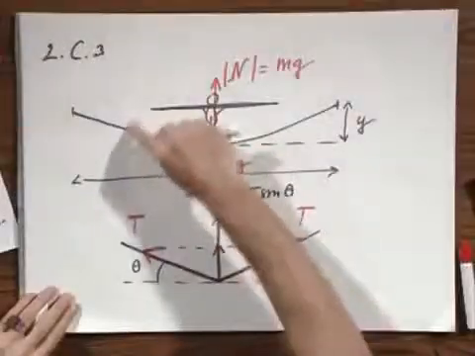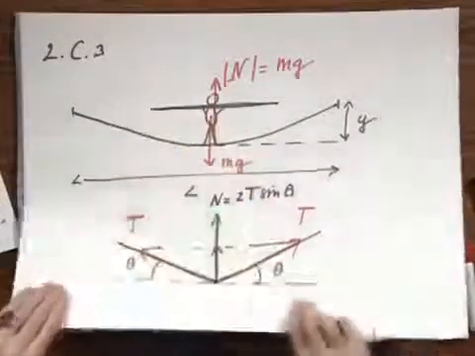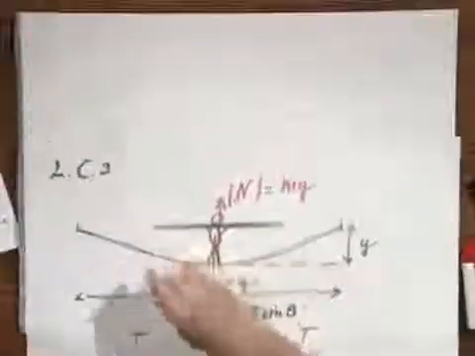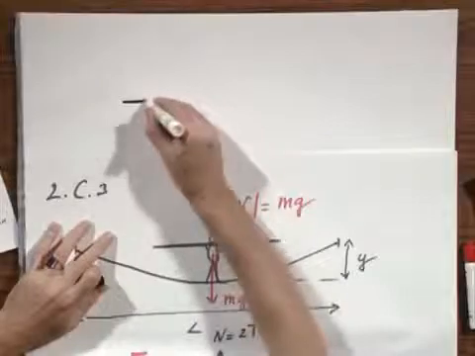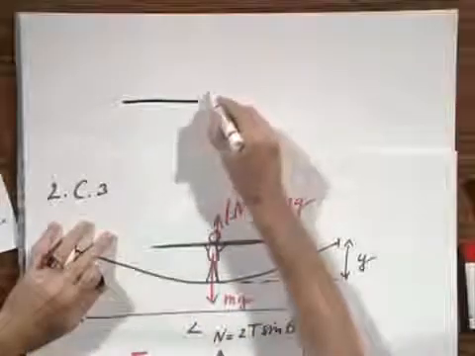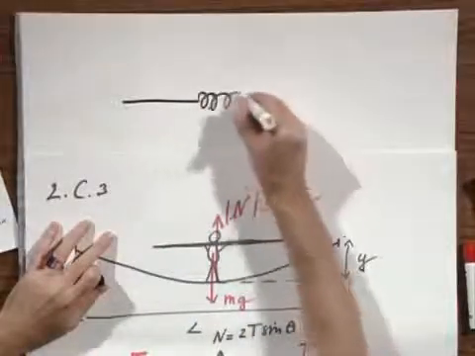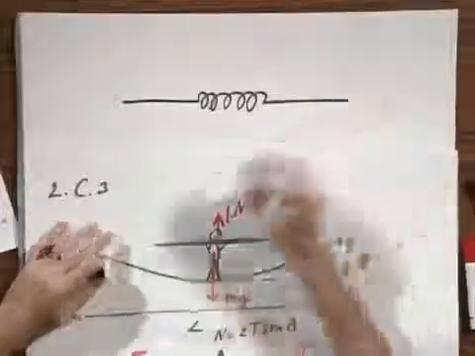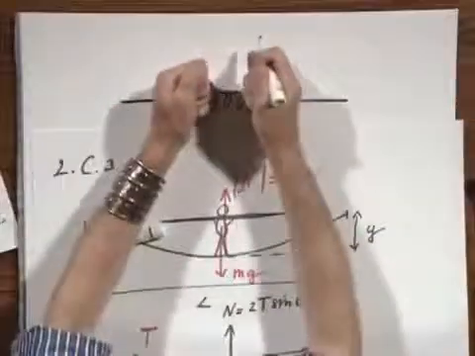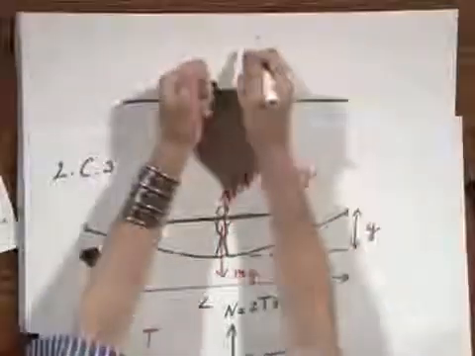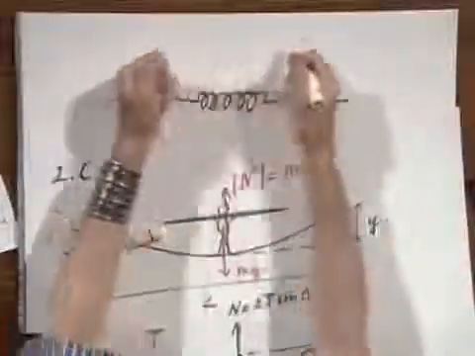Suppose I cut this rope here, and at the location of the cut I put in a spring. So here would be the rope, and here would be the spring, and here would be the rope. Well, it should be immediately obvious to you that under the tension this spring is stretched.